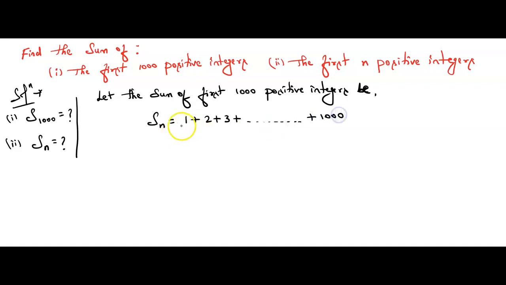If you add like this from 1 to 1000, what is the answer he is asking? That means the sum of n numbers. N is nothing but here 1000.